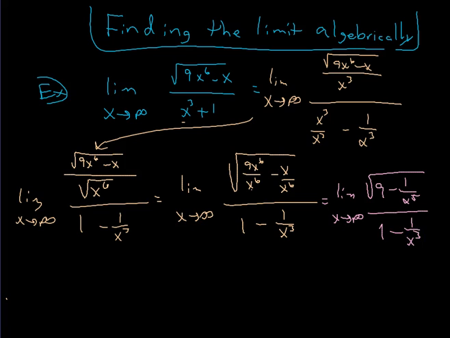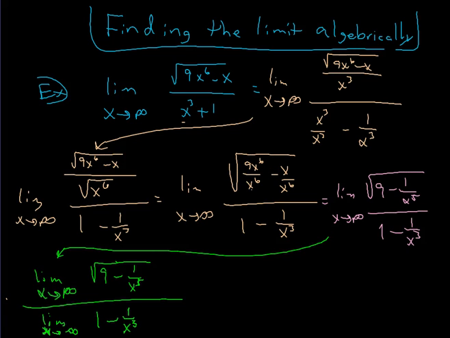Now great, and when we find the limit here, we can now take the limit as x approaches infinity of the numerator and the denominator. So we got a limit of the numerator and the limit of the denominator.